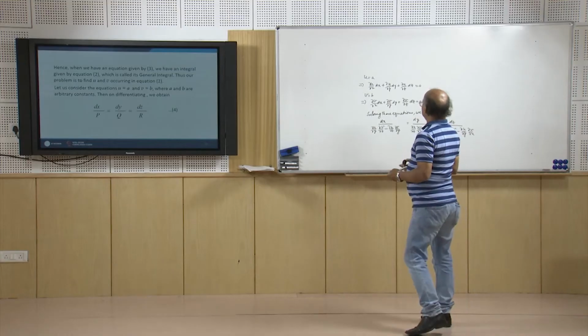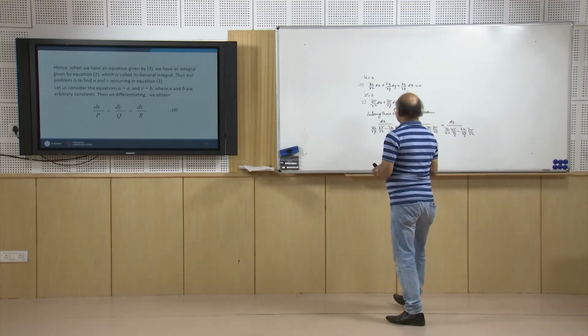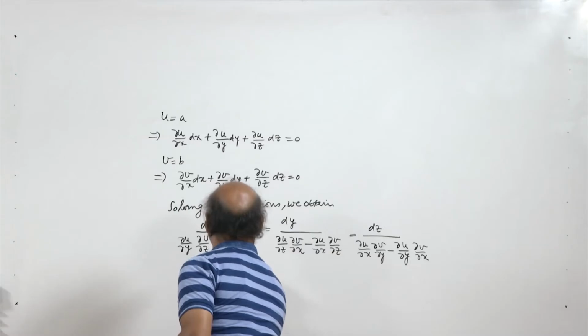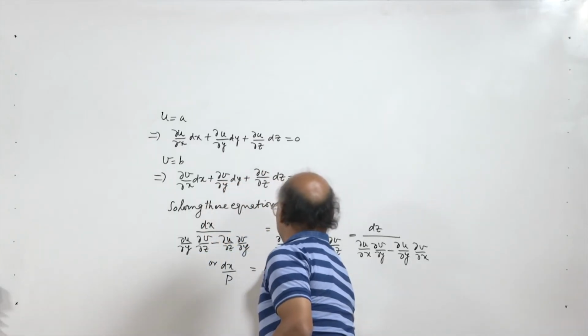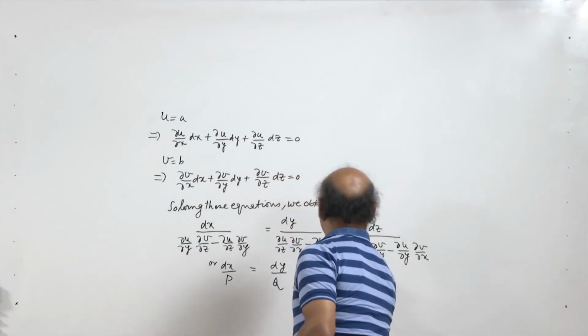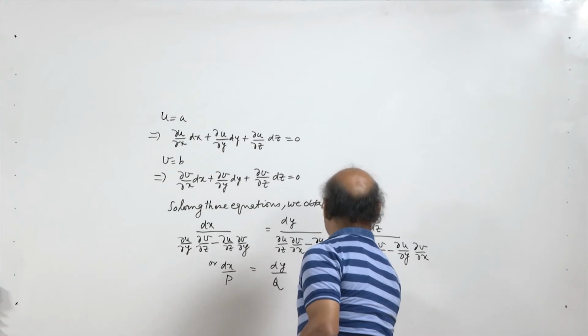Okay. Now this is equal to, this is p, so we have dx over p equal to dy over q equal to dz over r.